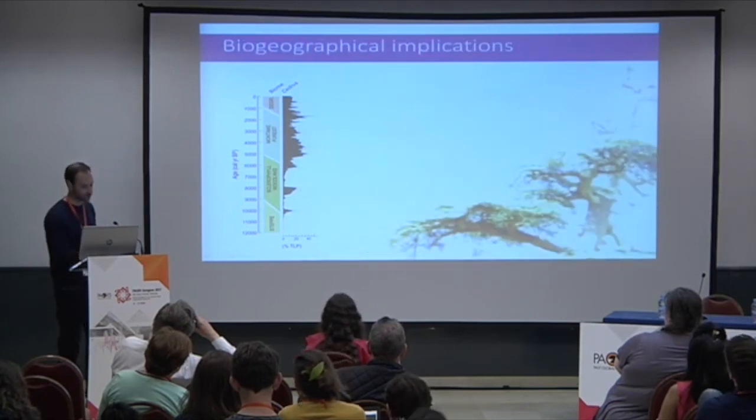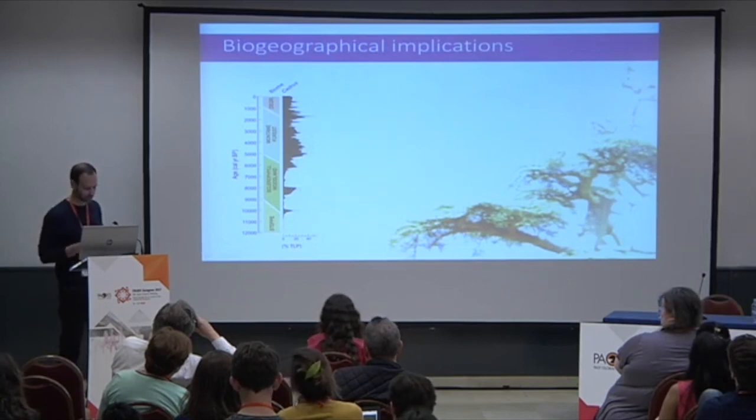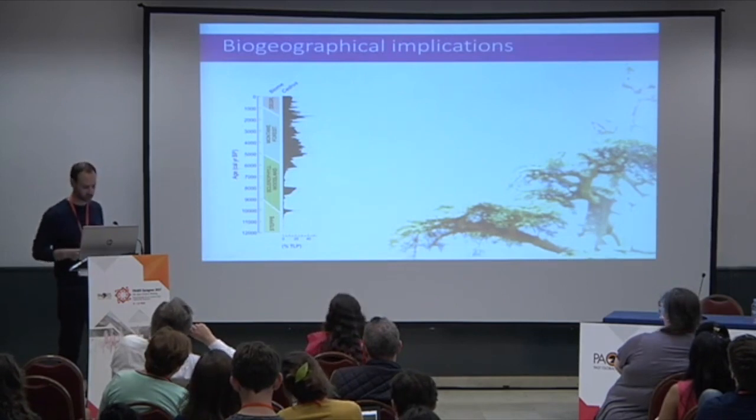It's also interesting to consider the biogeographical implications of the curve and its tendencies. Worth pointing out that the main features are supported by the concentration curve and the accumulation curve as well.